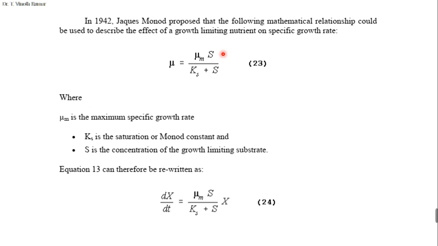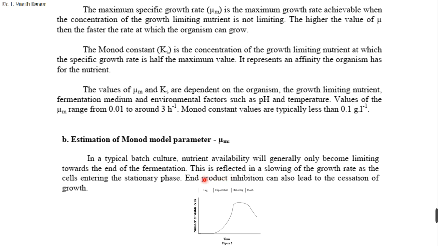You can see here, dx divided by dt is equal to mu m into s divided by Ks plus s, multiplied by x. So this is the value of mu, and we place it in the place of mu. That's all. You can simplify this further, and it will give the final value.